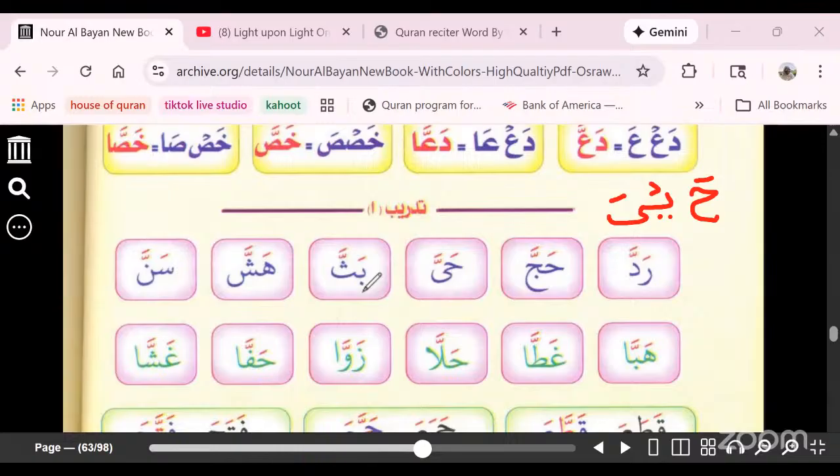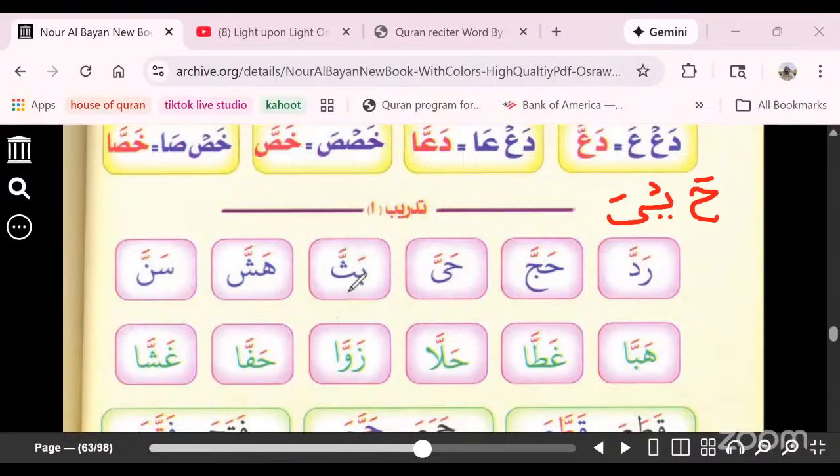Ba fatia ba, tha. This one here is shin. This one is tha. So ba, tha. No, you have not pronounced it. You skipped the shadda part.